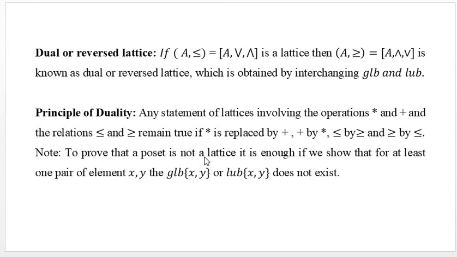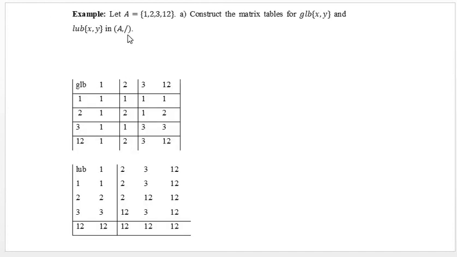So to show that a poset is not a lattice, show that for at least one pair x, y, the GLB or LUB of x, y does not exist. Consider the set A equal to {1, 2, 3, 12}.